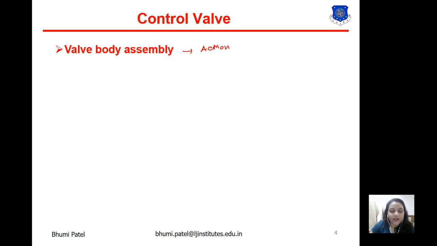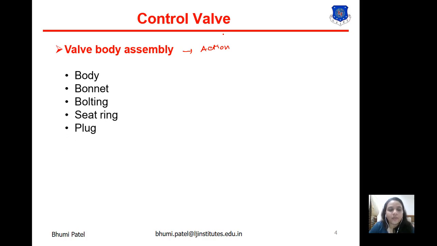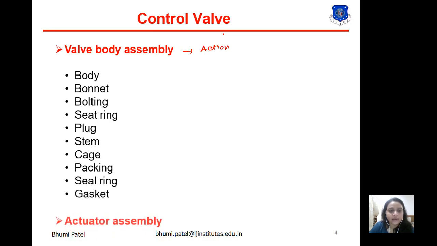The valve body assembly contains the body, bonnet, bolting, seat ring, plug, stem, cage, packing, seal ring, gasket, and the last assembly is the actuator assembly.